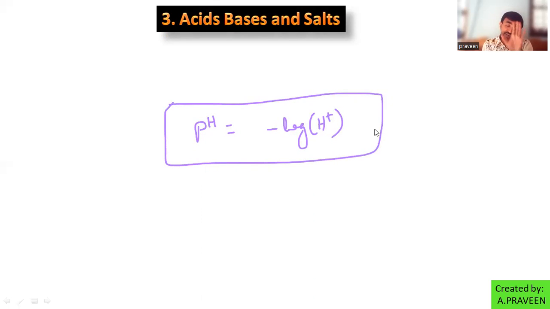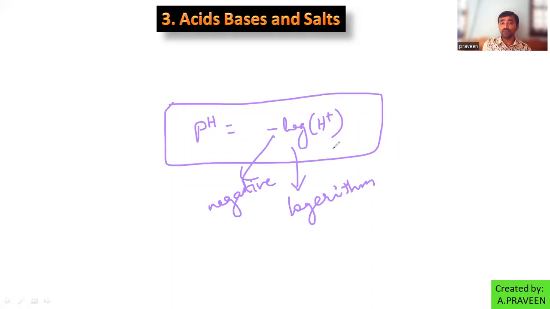So what can we write as the definition for pH? Sorry, I forgot to give you the definition. That is the pH scale definition. What you see in the formula here on the screen is minus log of H plus. Here I am reading the same as the definition. Here, logarithm is given with a negative sign, especially for H plus ions concentration.